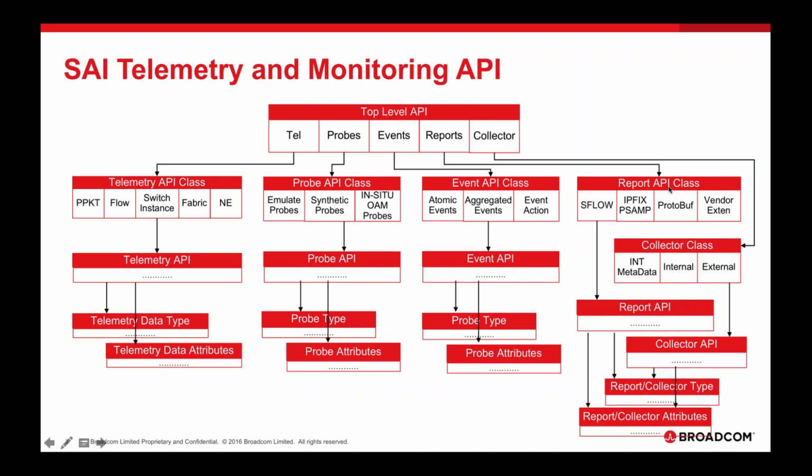And the report API, I don't think that's that big of an implementation, so we can bring this in fairly completely. So my priority is to get the per packet and the flow going. On the probe, except for in situ, we have both emulated and synthetic proposals already in place. Event API, atomic will get priority, and report and collector you will probably get in their entirety.